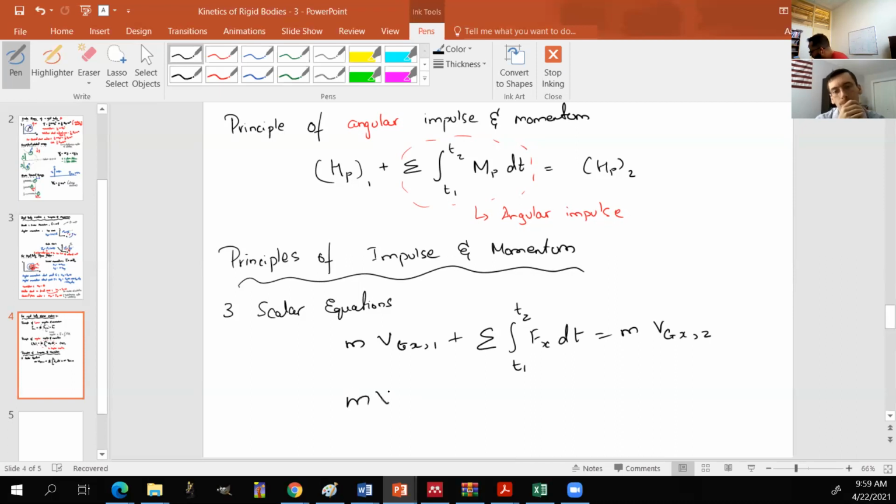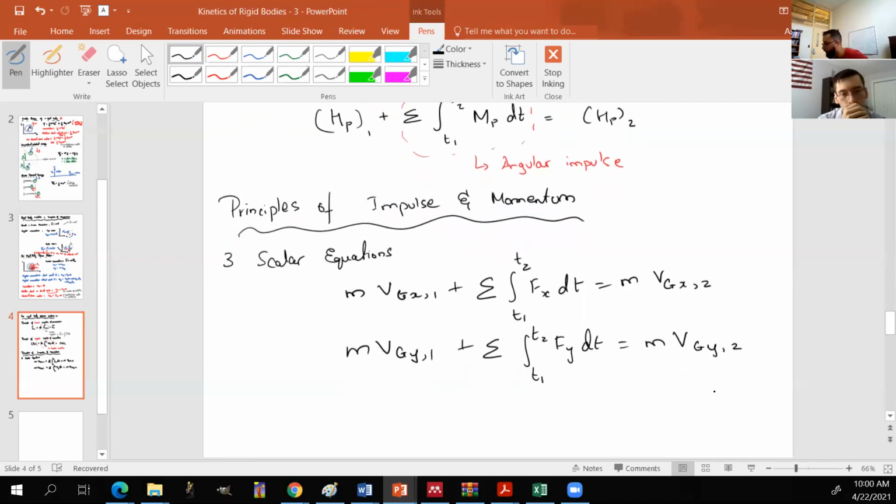Similarly, you get m times v_Gy in position 1, looking in the y direction, plus your impulse due to all the forces acting in the y direction. That's equal to m times v_Gy 2.